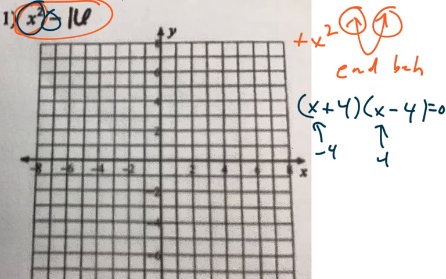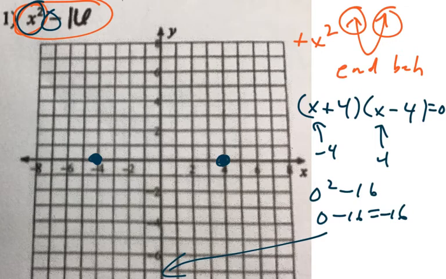So guess what? Let's graph them. Negative 4, positive 4. Now, just for clarity, if you watched the other video already, we could also plug in 0, and this will always help us find the y-intercept. Notice our y-intercept is going to be negative 16, which is way down there, off the grid they gave us.